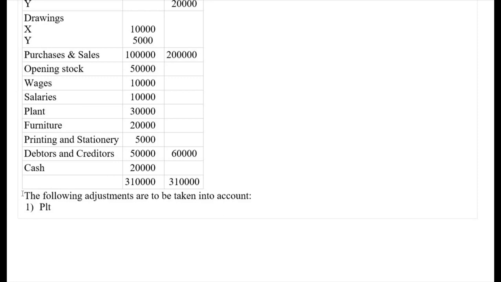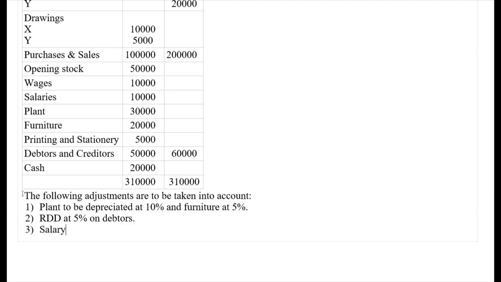Plant to be depreciated at 10% and furniture at 5%, RDD at 5% on debtors.